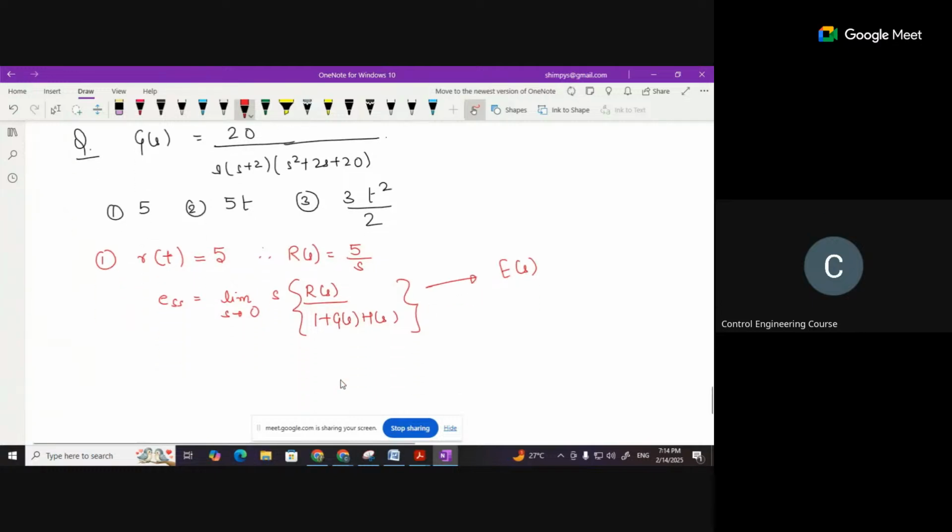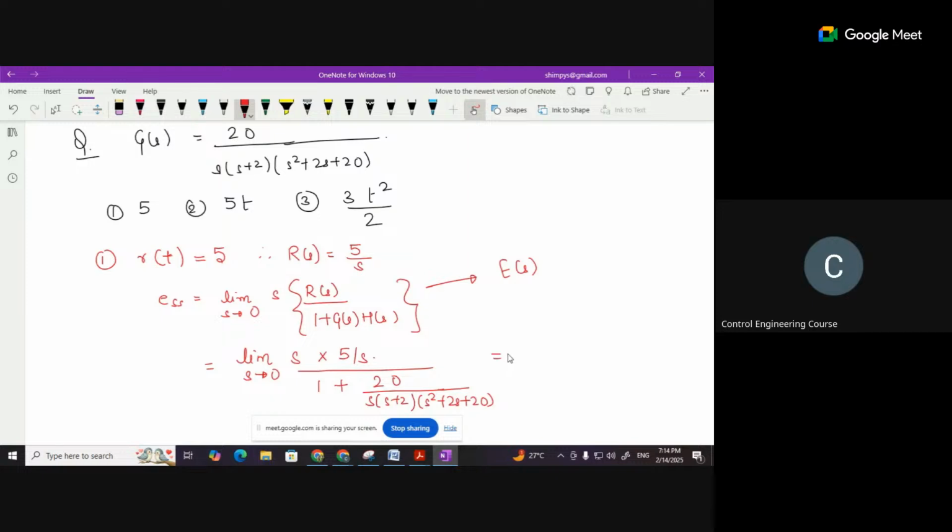So let us put the values and see what we'll get here. The error is limit s tends to 0, s R(s) is 5 by s, then 1 plus 20 by s plus 2, s square plus 2s plus 20.